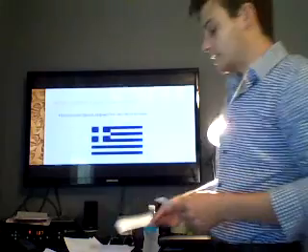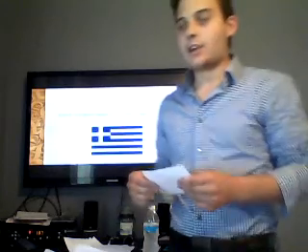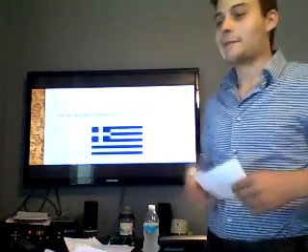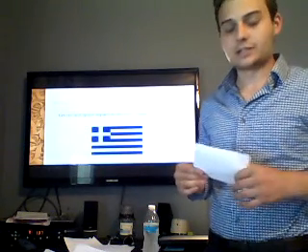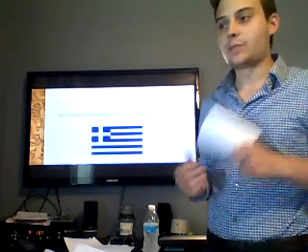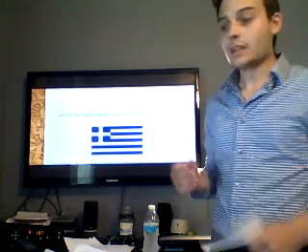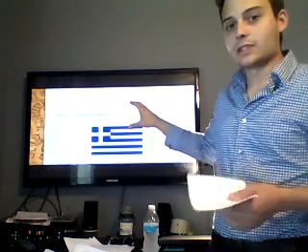Something that's really big right now is monitoring government actions. Right now I have the Greece flag up here. With everything that's going on with Greece, it's very interesting to see how this plays out because they're bankrupt and they're in the euro system. So why monitor government actions? What's going to happen to Greece?